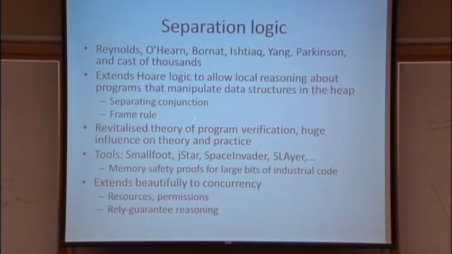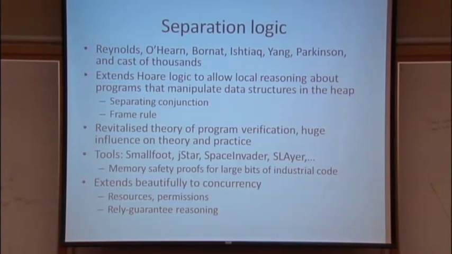And the key idea that makes it all work is this idea of separating conjunctions. In Hoare logic, if you try to do it in a simple-minded way for programs with pointers in, then roughly speaking, aliasing is the default. And if you want to say things are separate, then you have to put in lots and lots of extra conditions that say that things are separate and don't alias.